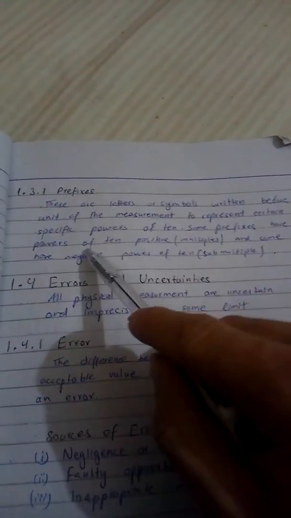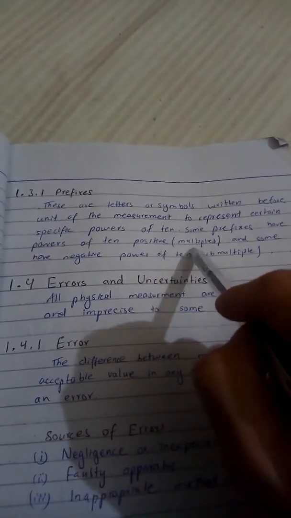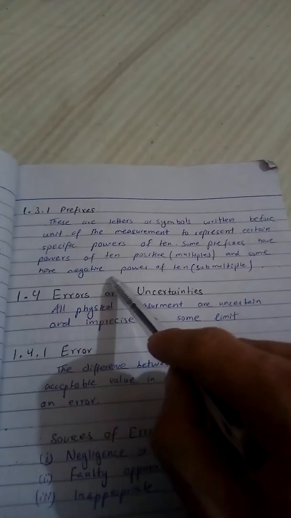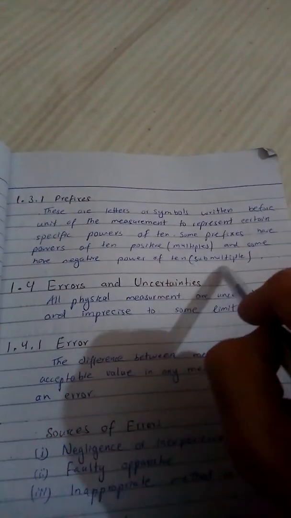Some prefixes have positive powers of 10, which we call multiples, and some have negative powers of 10, which are called submultiples. So let me show you a proper example of these prefixes.